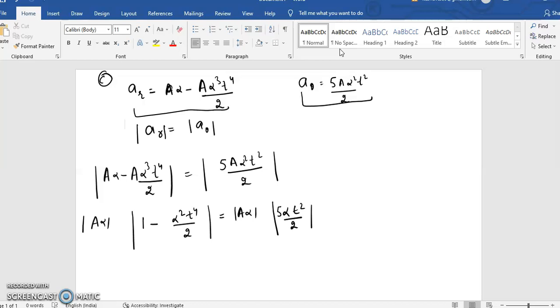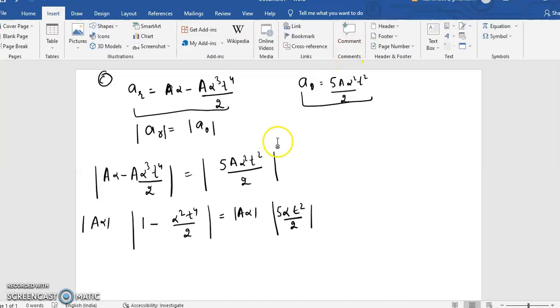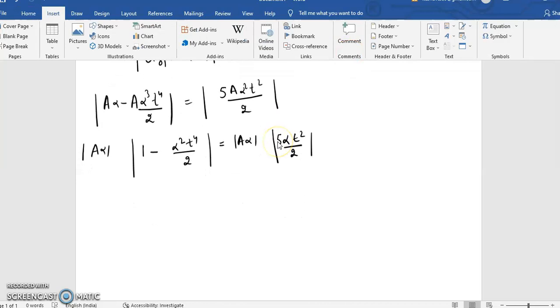So A alpha will get cancelled, factor out, and our expression will become 1 minus alpha t^2/2 equals mod of alpha t^2/2.